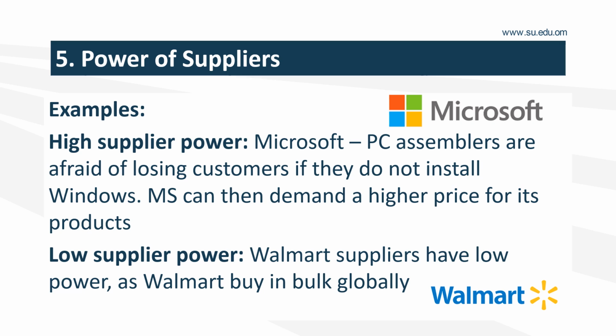They have a lot of branches, and they buy in bulk, and it's not based in one country because Walmart has branches in other countries as well. So there are a lot of suppliers for Walmart. That is why the case of Walmart can be categorized under low supplier power.